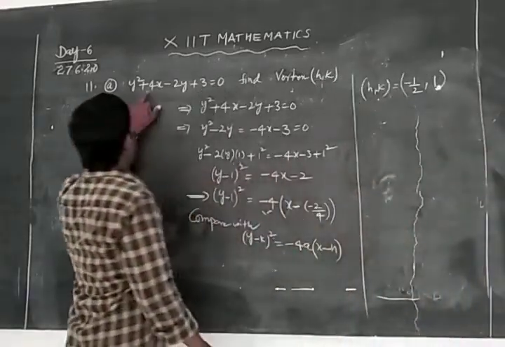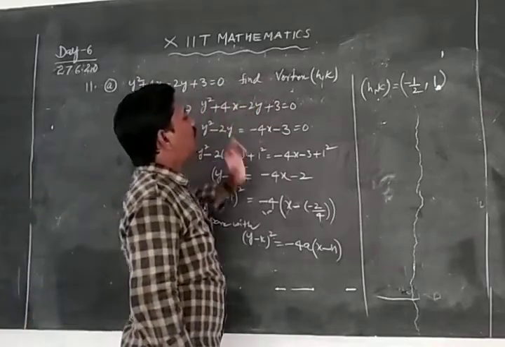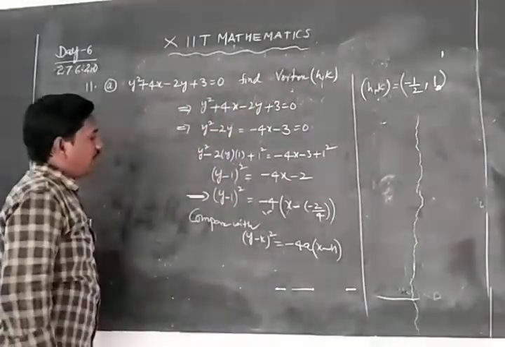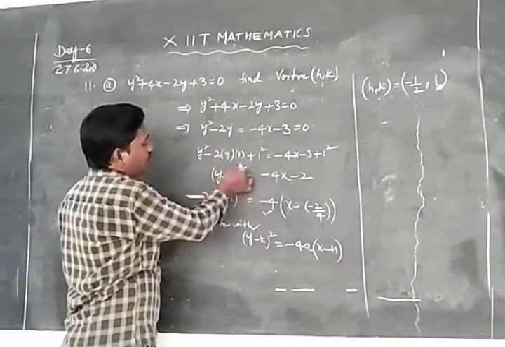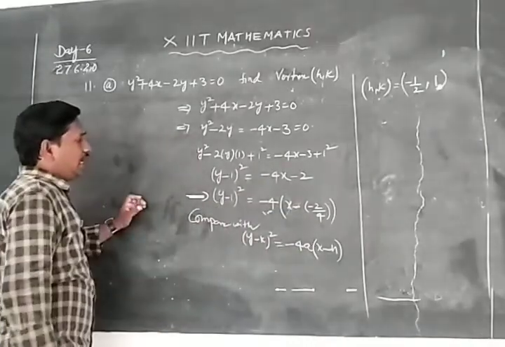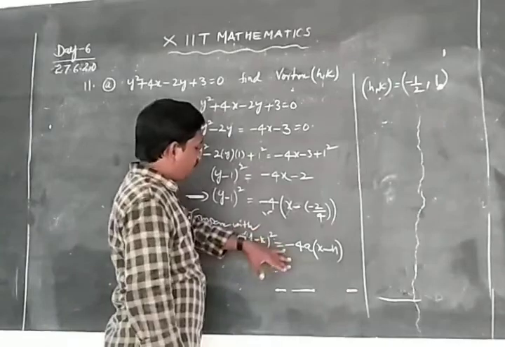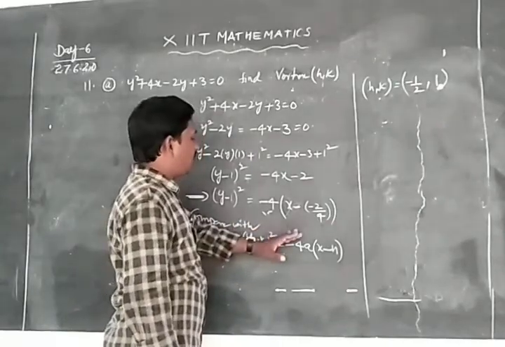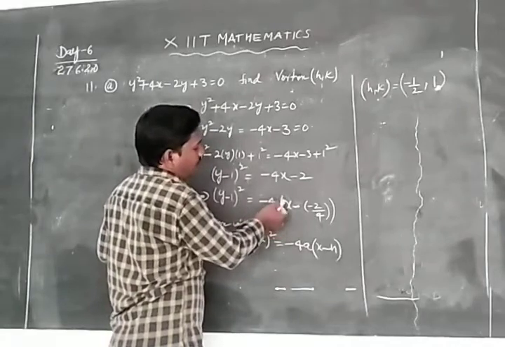Y square plus 4x minus 2y plus 3 equals 0. Find vertex h comma k. After rearrangement, we got y minus 1 whole square equals minus 4x minus 2. For getting the parabola form, minus 4 should be common.